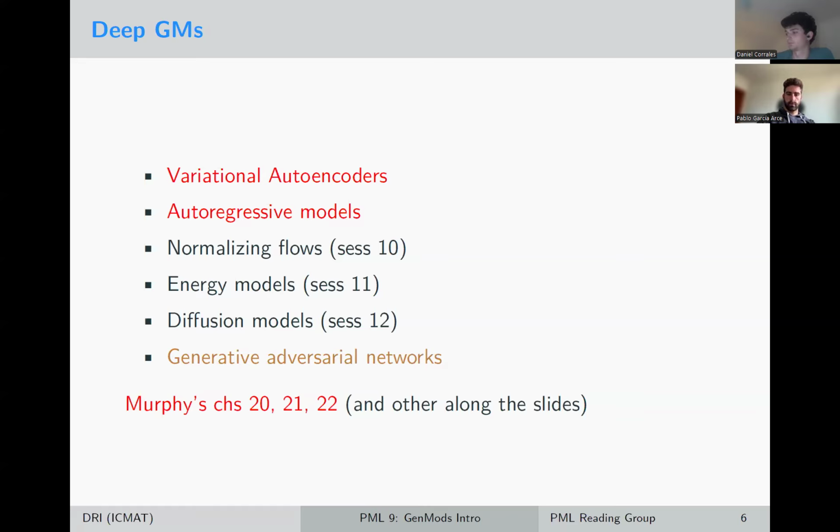The book also includes generative adversarial networks, but Pablo and Danny decided that we shouldn't cover this, right? So besides these chapters 20 to 22 that I'm covering, I'm giving a quick summary of this, which, by the way, are also quick summaries in some cases of some of the techniques. I shall mention other relevant references along the way. Any comments or questions?